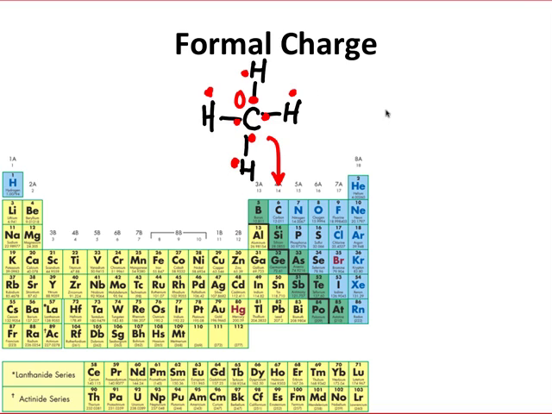Compare this case to the case of, for instance, ammonia, where now we've replaced carbon with nitrogen. The nitrogen still has 4 hydrogens around it, and so formally the nitrogen has 4 electrons around it. But because nitrogen is in group 5 rather than group 4, a neutral nitrogen we would expect to have 5 rather than 4 valence electrons.